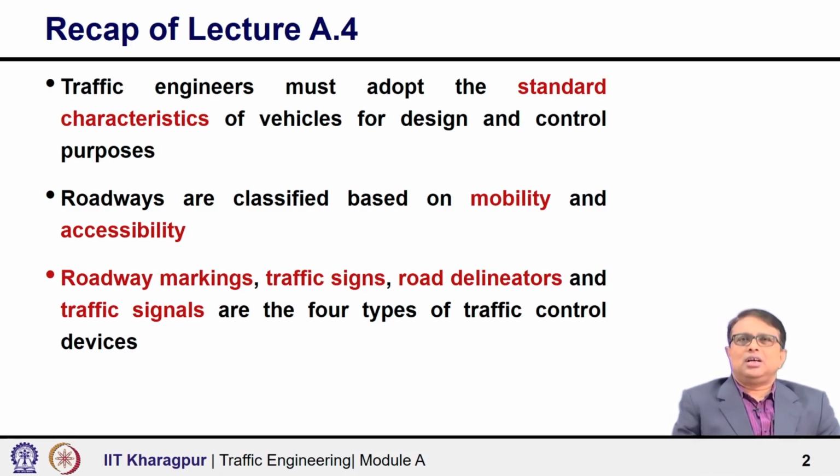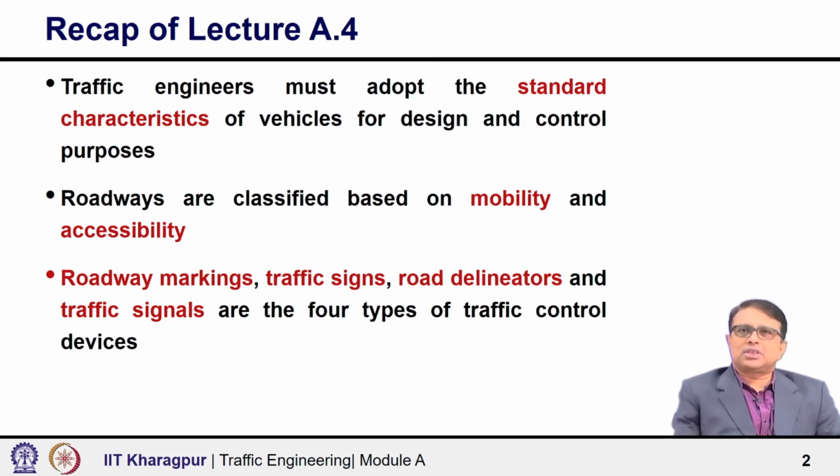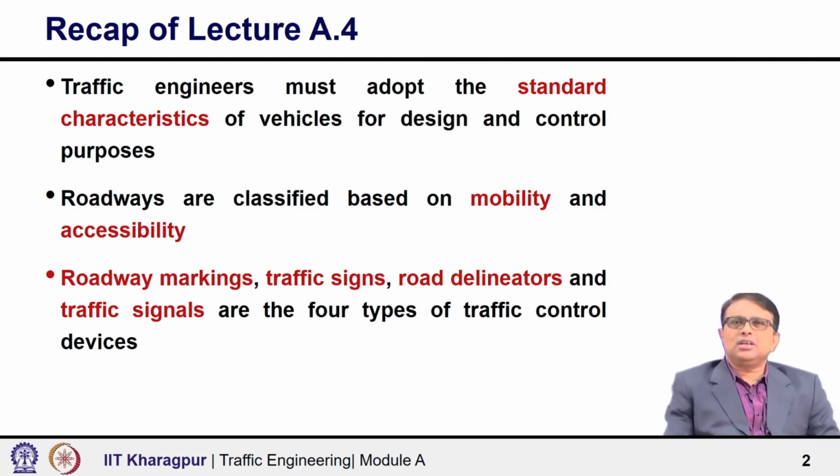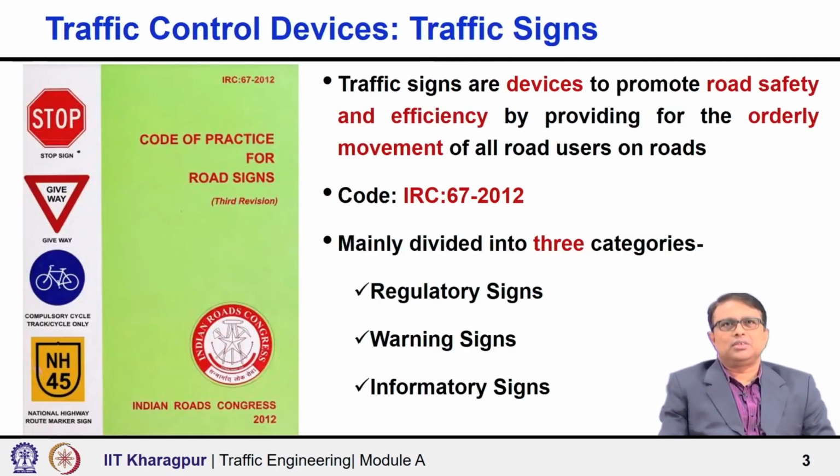We said that roadway markings, traffic signs, road delineators and traffic signals are the four major types of traffic control devices which are used. And we discussed in detail the road markings. Today, we shall talk about traffic signs, road delineators and traffic signals.